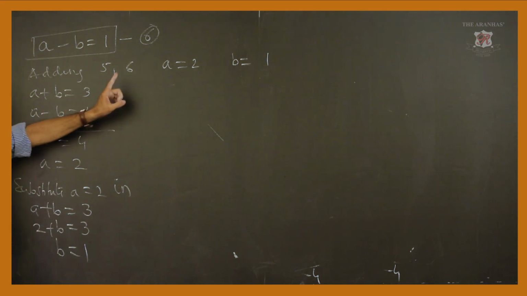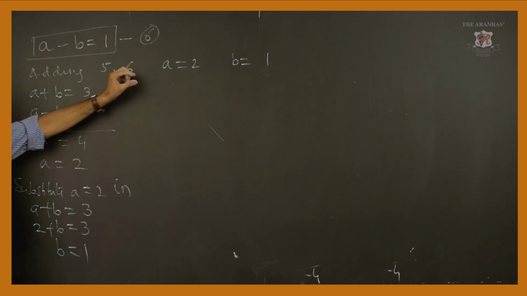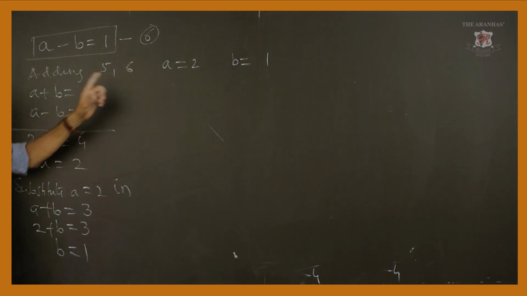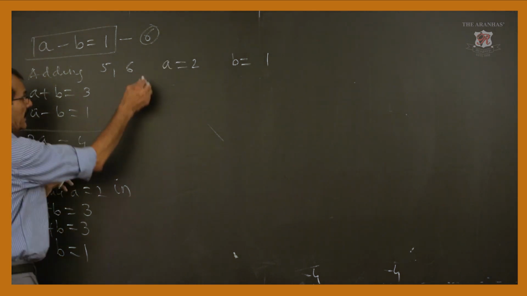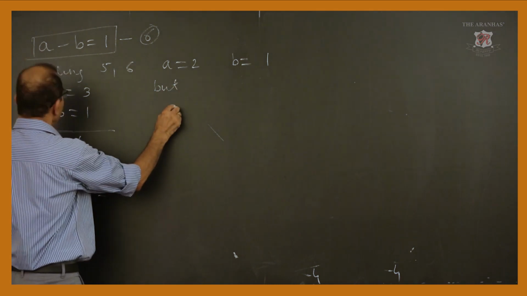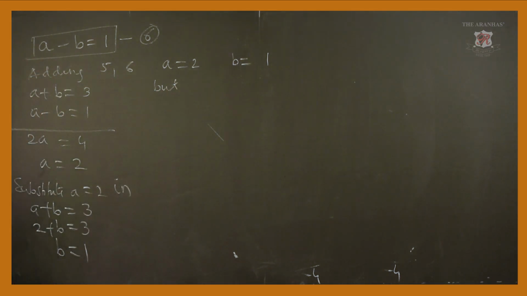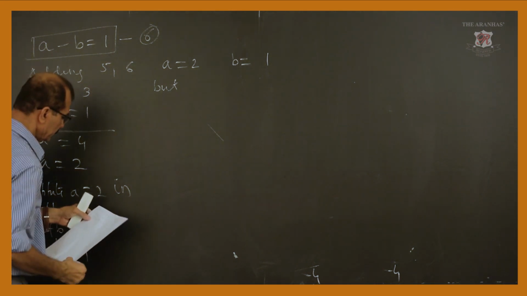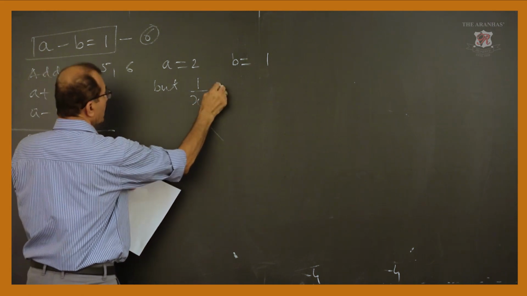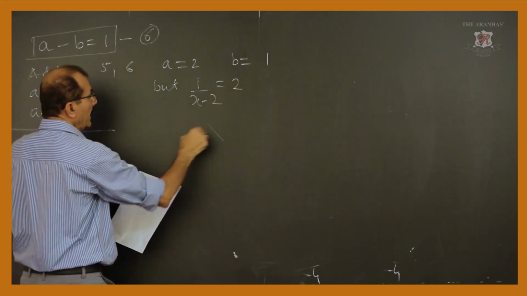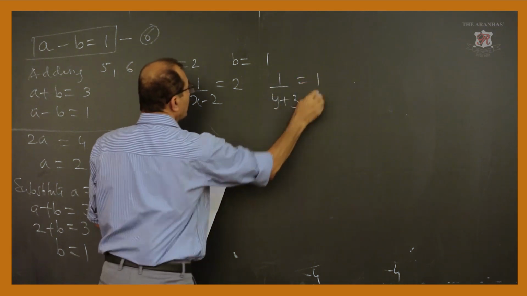This is not the complete answer because our equation is in the variables x and y. So re-substitute for a and b. So what is my a? My a was one upon x minus 2, and b is 1 upon y plus 3.